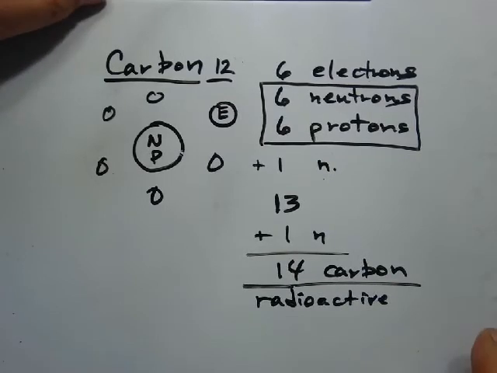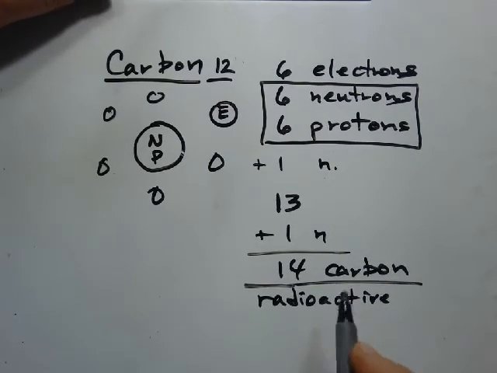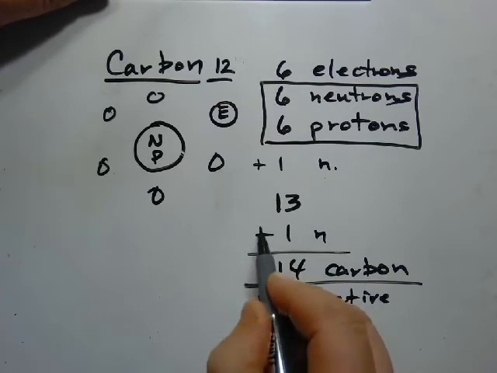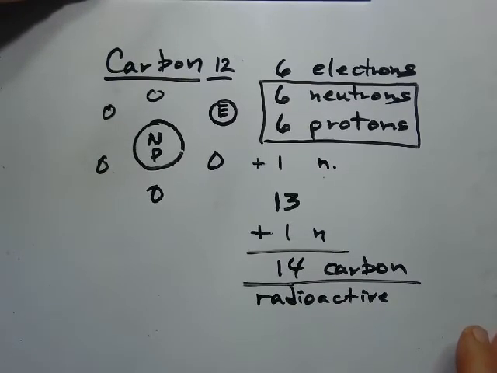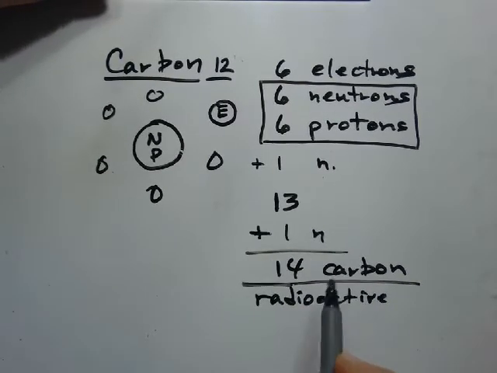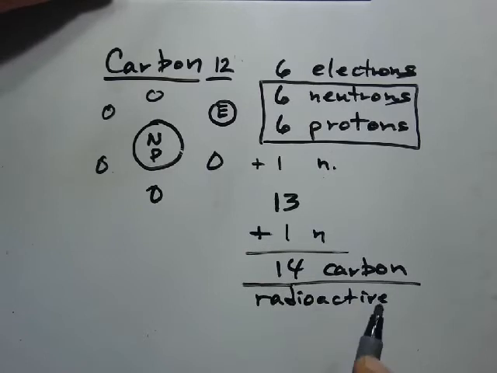There's always carbon-14 in the atmosphere. It doesn't mean that the carbon is going to hurt you radioactively. It's not going to send out radioactivity and cause you to have some sort of reaction to it physically. But it means this particular element is unstable.